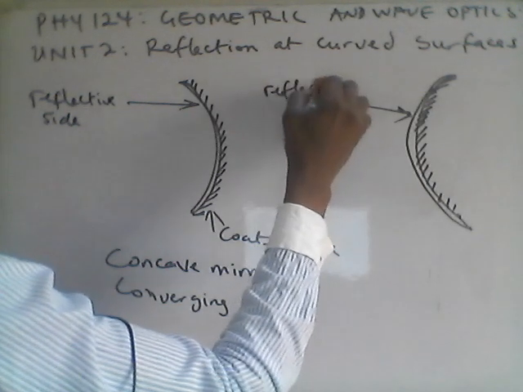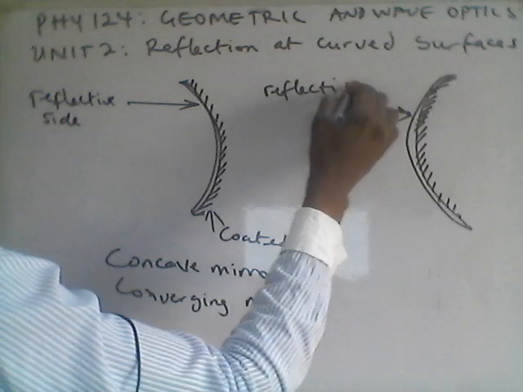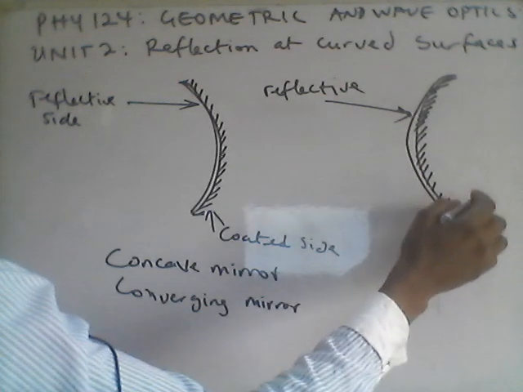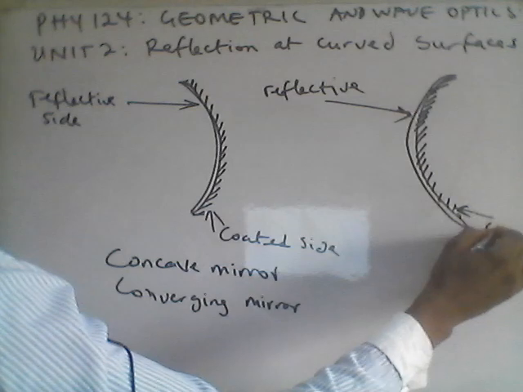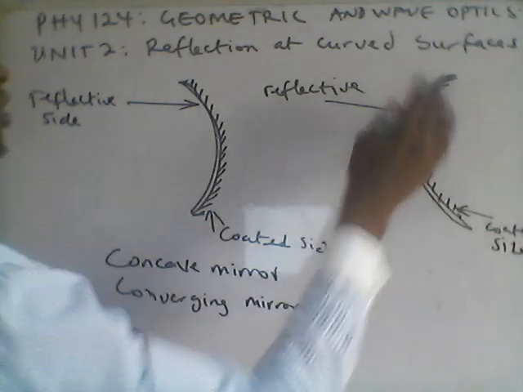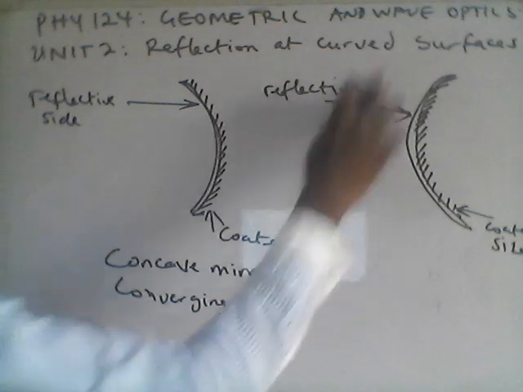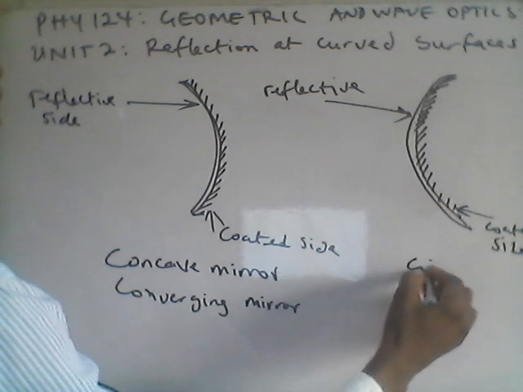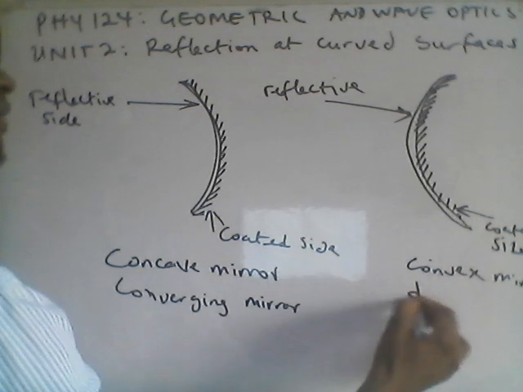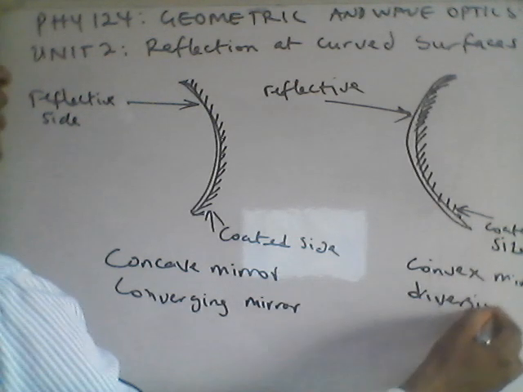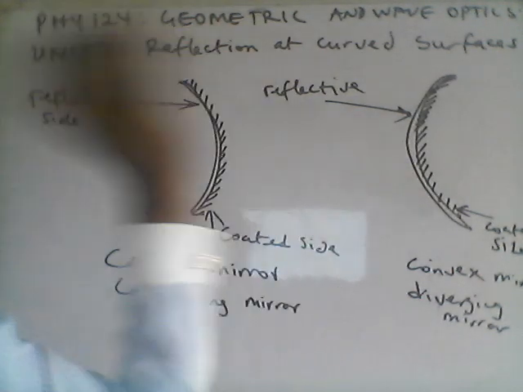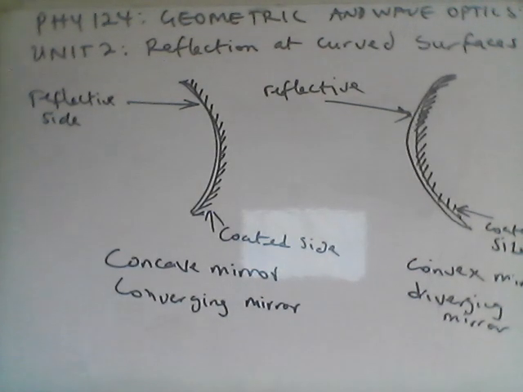This is where the incident ray is coming to, and the coated side is curved in, where you have the silver lining. So this one is called a convex mirror or a diverging mirror. Diverging in the sense that rays of light incident on it will diverge after reflection.